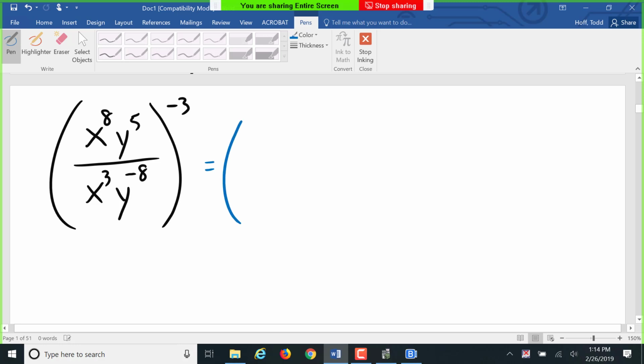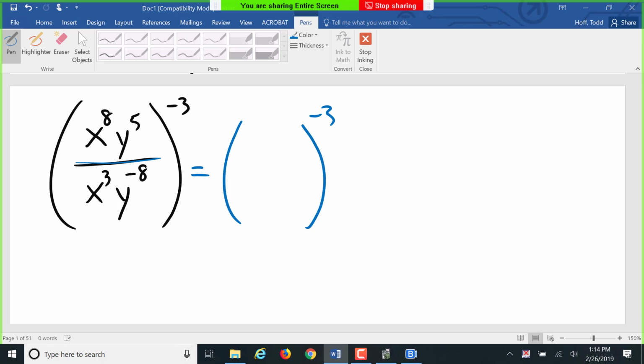Now looking up here, we have that fraction bar. Is there anything we can do on top? The x to the 8th times y to the 5th. Is there anything I can combine there? No, we can't, right? There's nothing to do there.